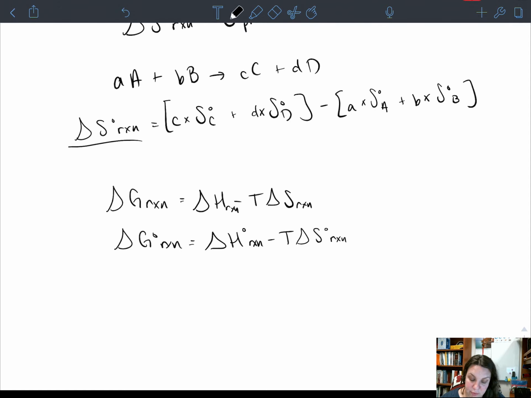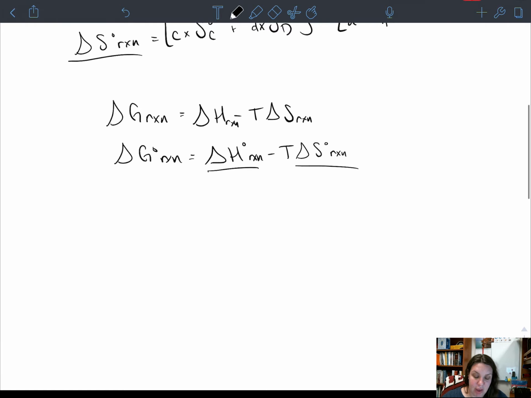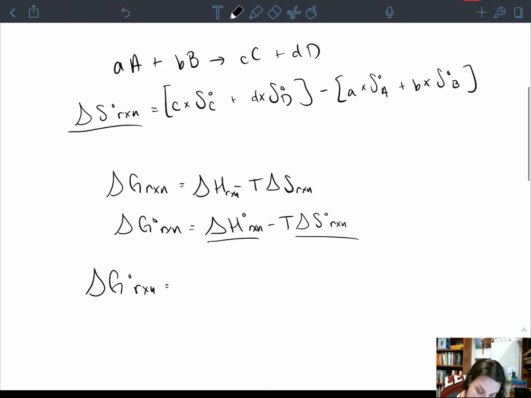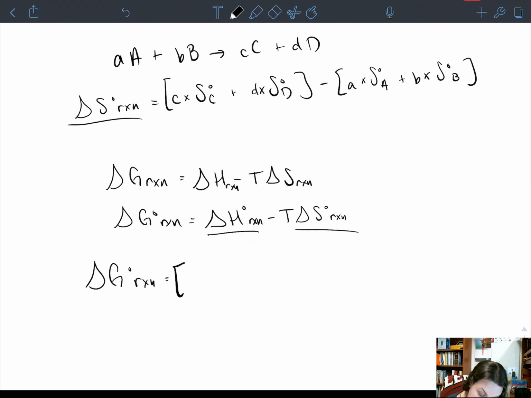So we can solve for these quantities using the idea that products minus reactants give us those values. We can just use a table of formation enthalpies or standard entropies to solve for our delta G of our reaction. And we can do the same thing we did up above, where we take our delta G of our reaction and use formation values. So same equation we used above, but now we have delta G naught.